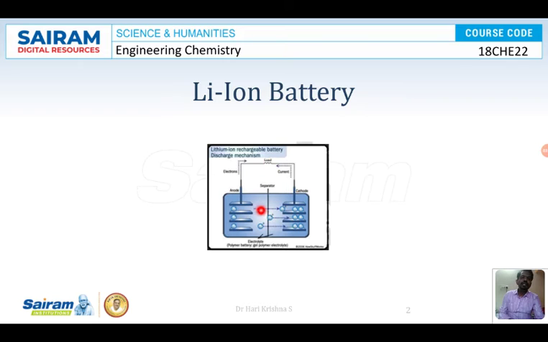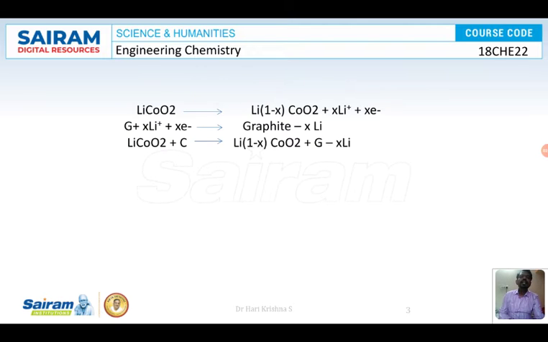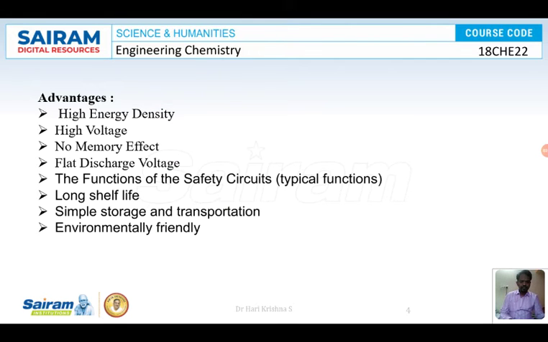The electrons will be used here, and Li+ will be accommodated in the graphite sheet. During recharge, when you are supplying electrons here, Li+ will accept the electrons and come back and get accumulated over here. This process of accumulation of the metal and its respective ions is called the intercalation process.